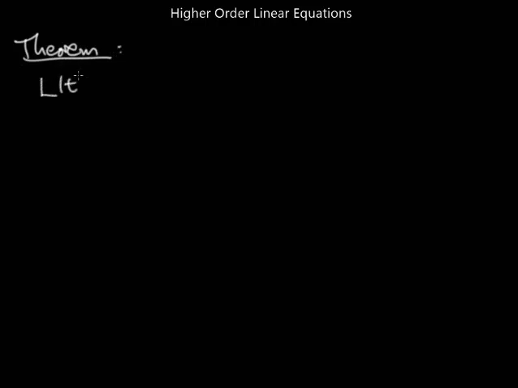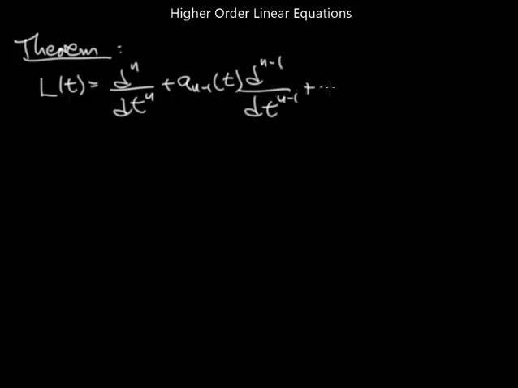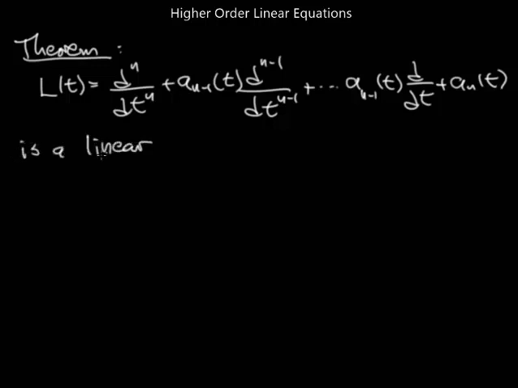So here's the theorem. Suppose you have a differential operator of the form the nth derivative plus a function times the (n minus 1)th derivative, and so on, plus dot dot dot down to a function times the first derivative plus a function. That's an operator. It takes functions to functions. And the statement is that it's a linear operator.